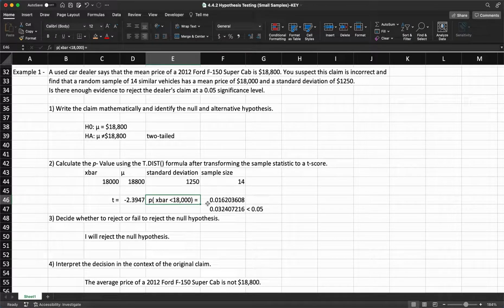And so if we're looking for the probability outside an upper tailed test, we would do 1 minus the distribution given, so that we could get the true probability of the right tail.